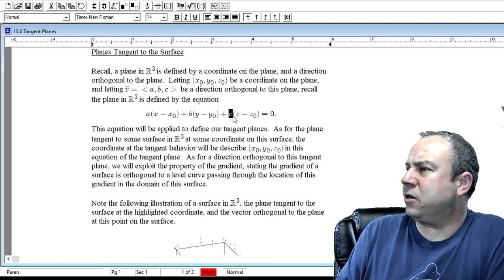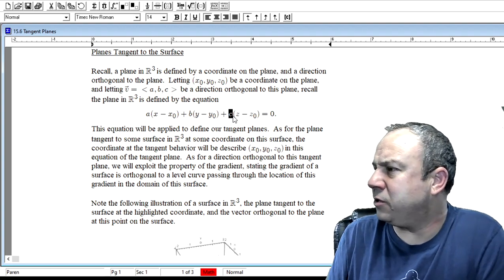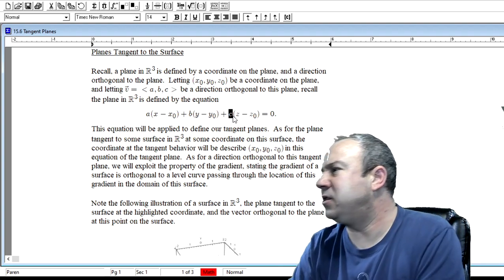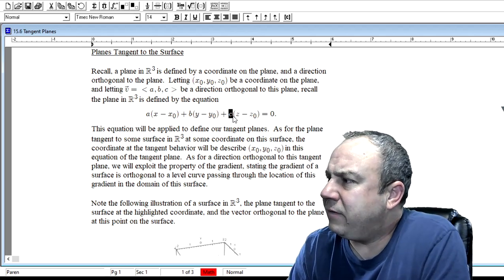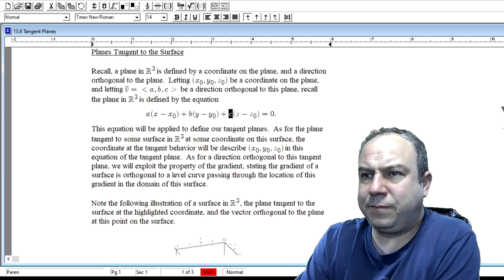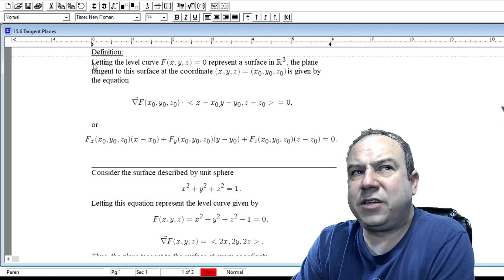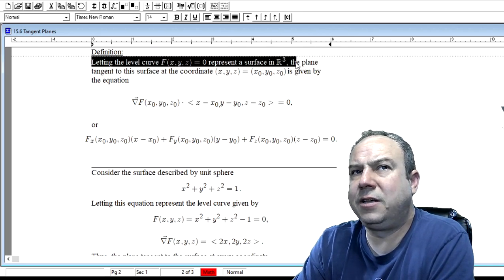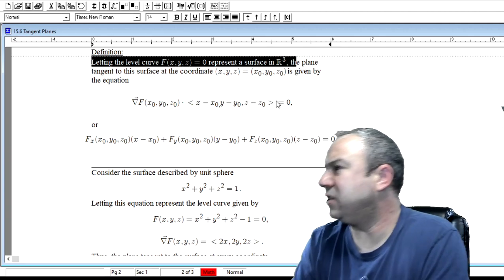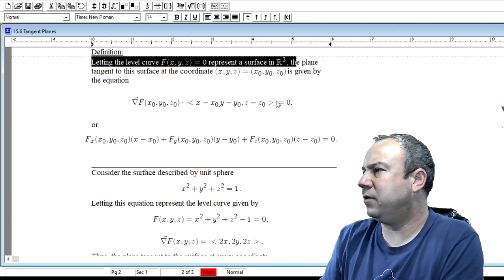We are taking our descriptions of our surfaces in three-dimensional space, setting them equal to 0, which defines them as a level curve for a higher dimensional function. That is what this definition is telling us to do initially. Define our surface as this level curve.